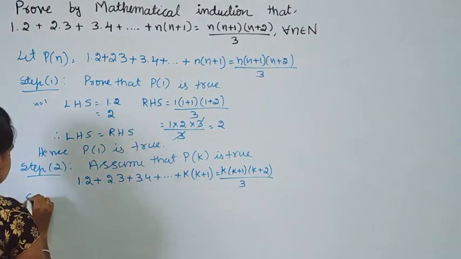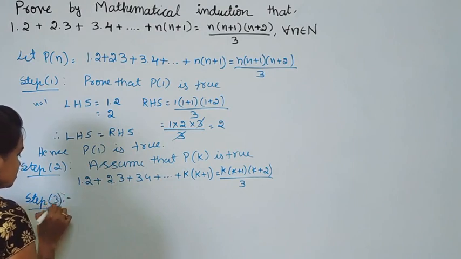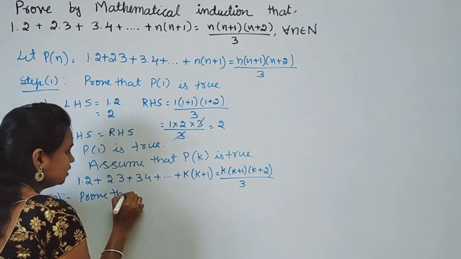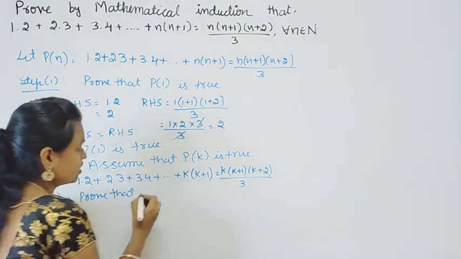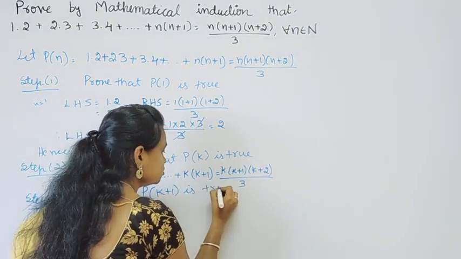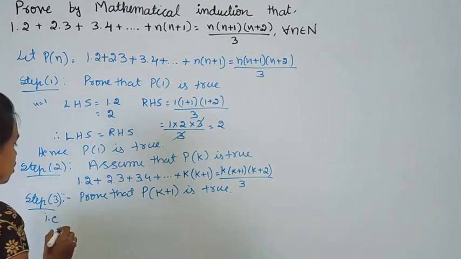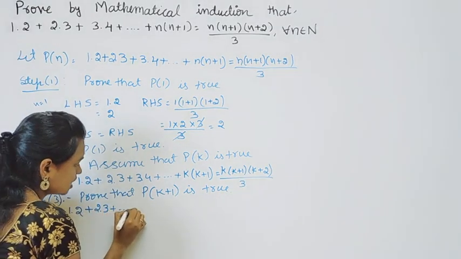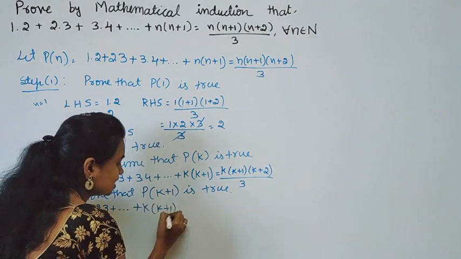Then step 3. Step 3 is: prove that for the next term after k, that is k plus 1, P of k plus 1 is true. So we have to prove this: 1 into 2 plus 2 into 3 plus etc. plus k into k plus 1, which is the kth term.